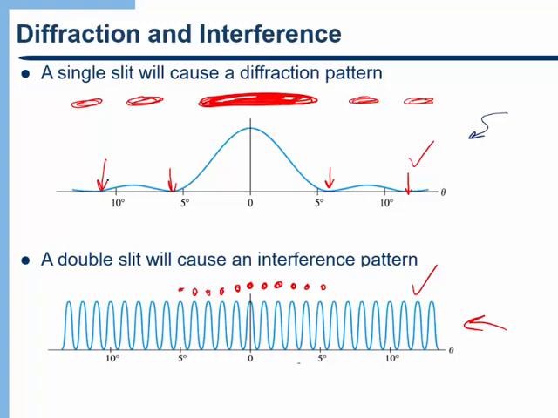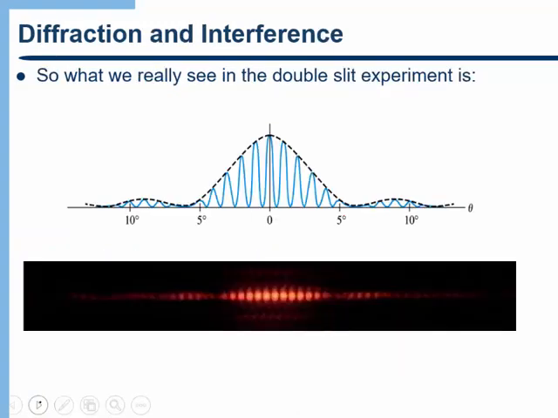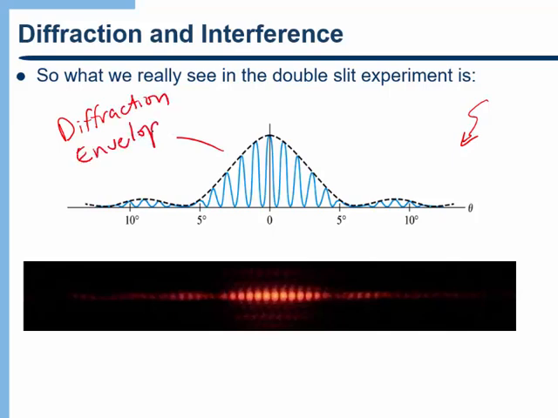So in other words, if I now imagine what really happens when we put light through two slits, I get the combination of these two patterns. And so here it is schematically. I've taken the interference pattern and I've put the diffraction pattern on top of it. We call that the diffraction envelope. And so the overall brightness of the pattern is controlled by that.